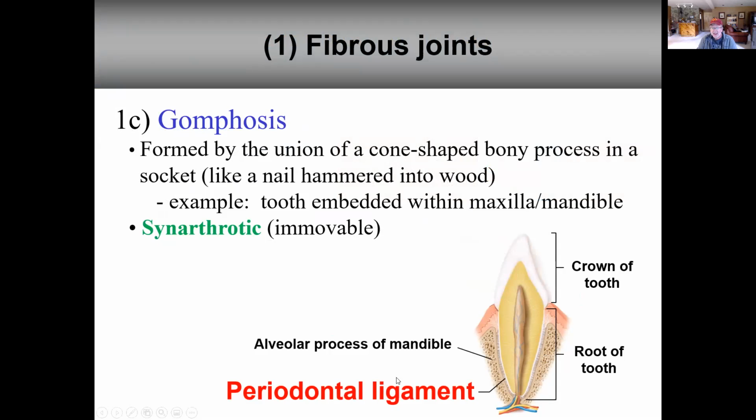Now, if a person suffers from periodontitis, which is an inflammation of the periodontal ligament, this ligament can eventually become diseased and be replaced by other types of abnormal tissue, and that can result in the cutting off of the blood supply to the tooth.